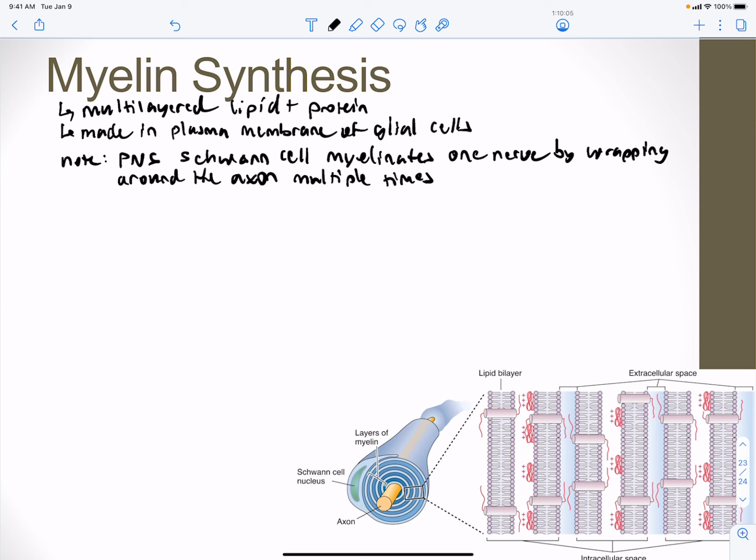So the Schwann cell is basically forming the multi-layered sheath of membrane that surrounds the axon.